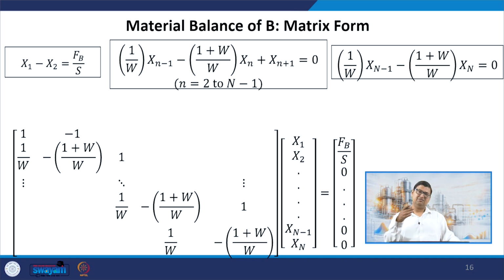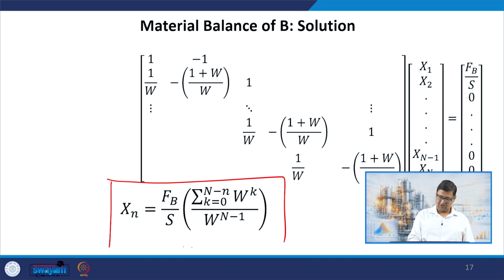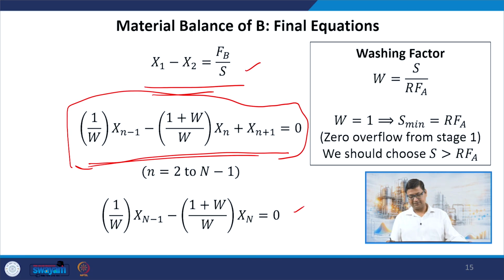And then we can solve it using the methods which we employed for tridiagonal matrices. After solving this, I will not derive the complete expression, but we get something like this. So xn is going to be FB by S, sum over k equal to 0 to n minus n, Wk by Wn minus 1, where W is my washing factor.